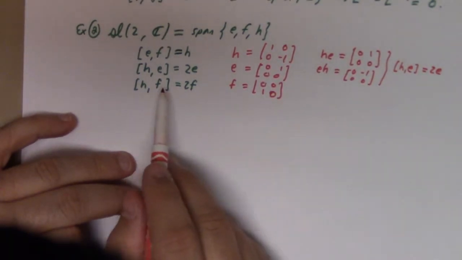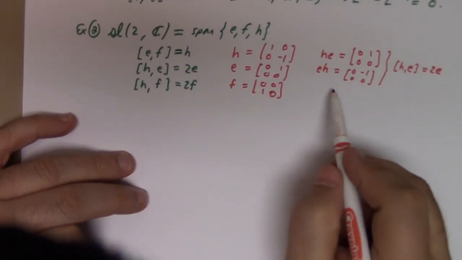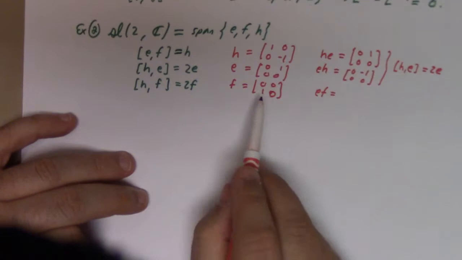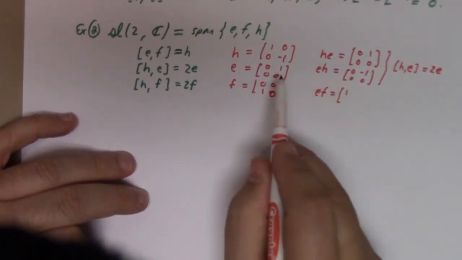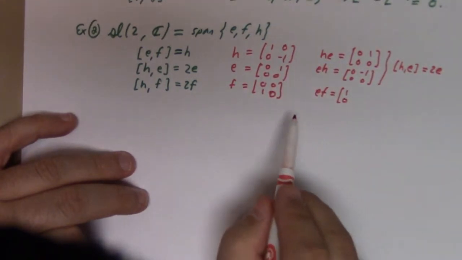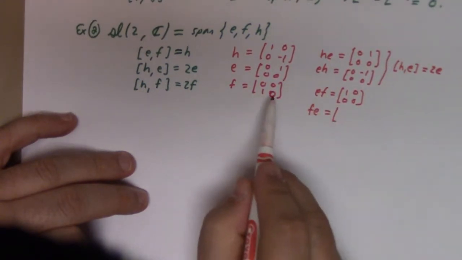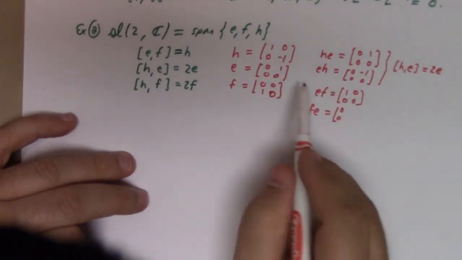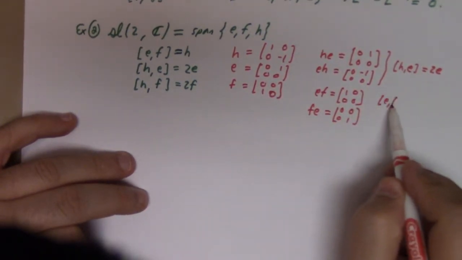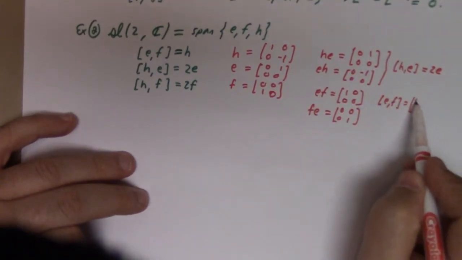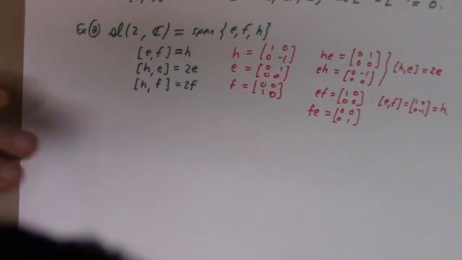Likewise, you can prove that the bracket of H and F is 2F, and I'll do the interesting one, EF. EF would be 1, 0, 0, 0, and FE would be 0, 0, 0, 1. So when you look at the bracket of E and F, you get 1, 0, 0, minus 1, otherwise known as H.